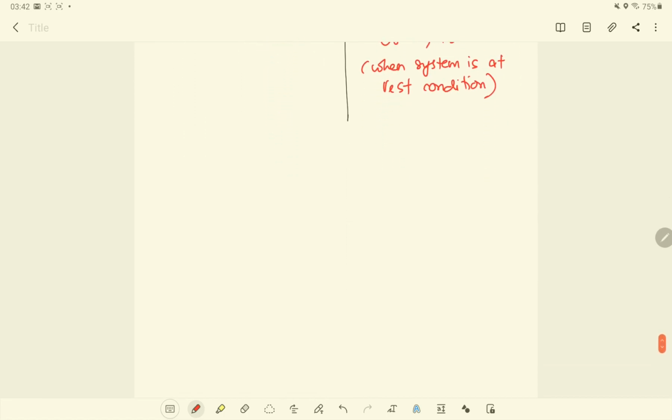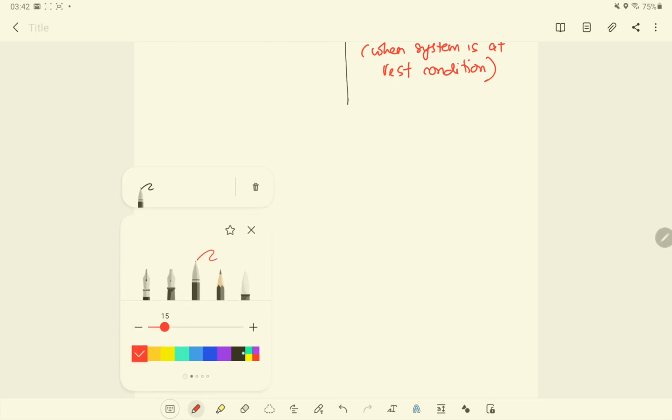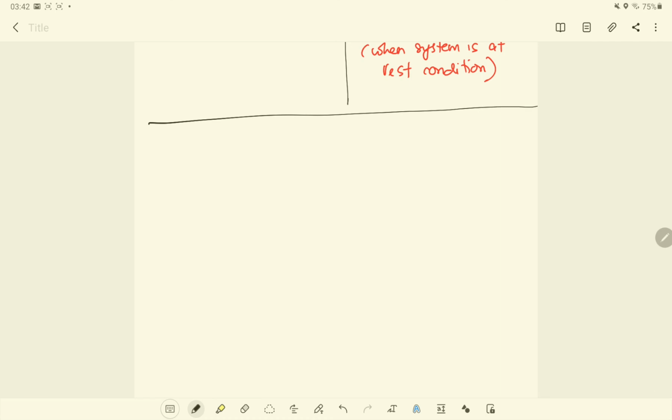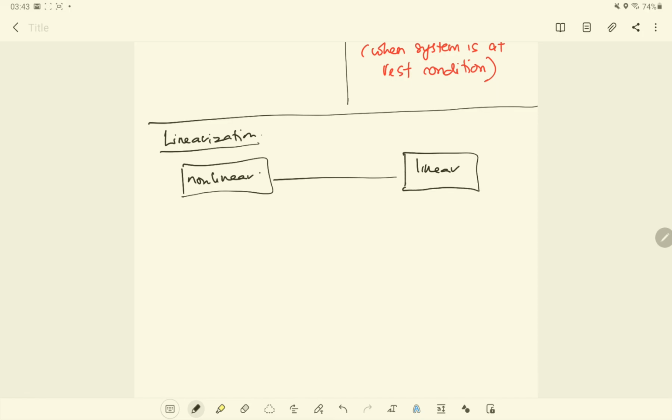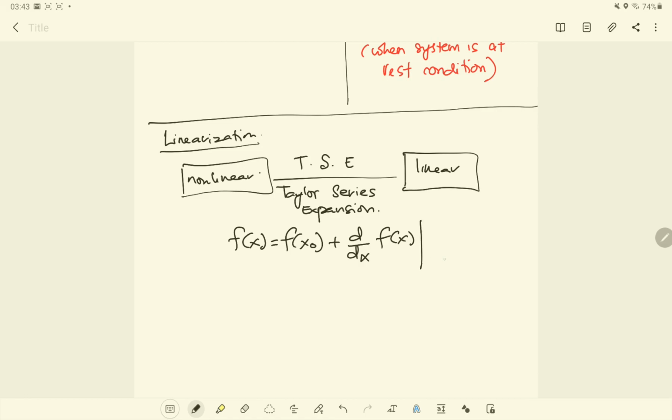So if I can summarize the linearization part: we convert a nonlinear function or system to a linear system or function by using Taylor series expansion. The equation is f(x) equals f(x naught) plus d over dx of f(x) when x equals x naught, multiplied by x minus x naught.